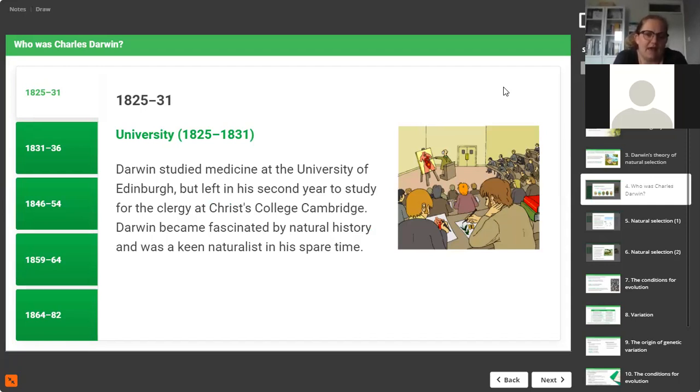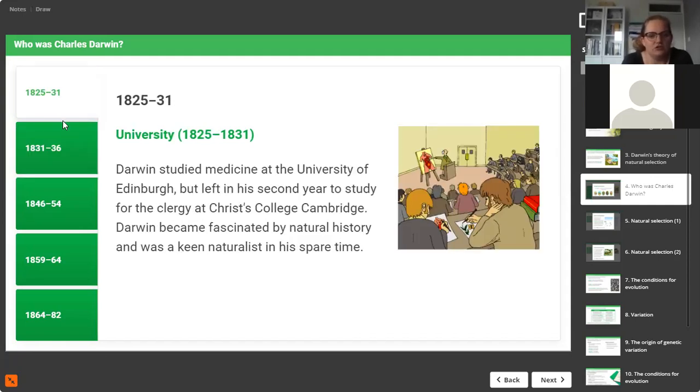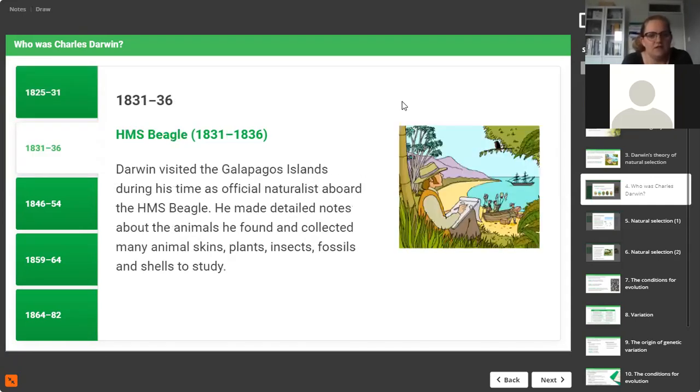Whilst Darwin was there, he became fascinated by natural history and was a keen naturalist in his spare time. In 1831, so pretty much once he finished studying to be part of the clergy, Darwin visited the Galapagos Islands during his time as official naturalist aboard the HMS Beagle. He made detailed notes about the animals he found and collected many animal skins, plants, insects, fossils, and shells that he brought back to the UK to study.